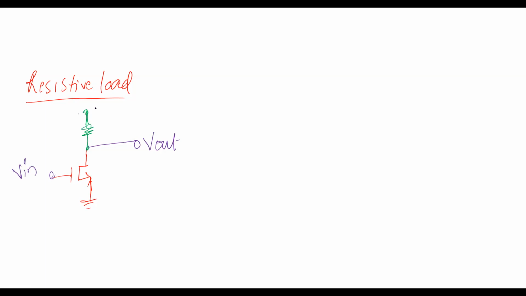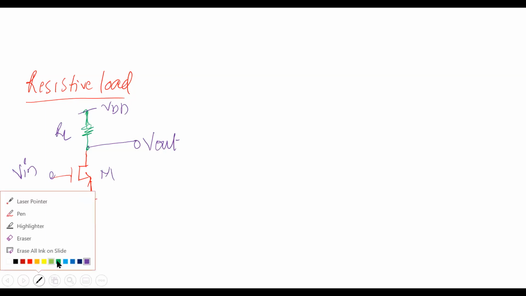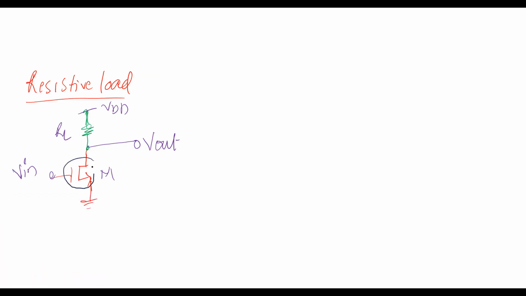This is ground, this is the VDD, this is the RL, and this is the transistor M. So I think you understood that this is the NMOS transistor circuit, N type.